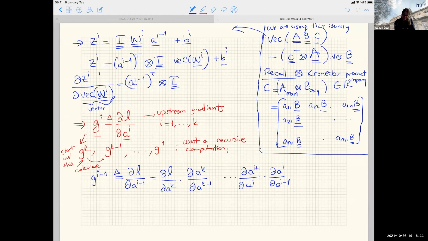Now this can be written as, I think we've already seen this, there is a g_i here. This part is g_i by definition.